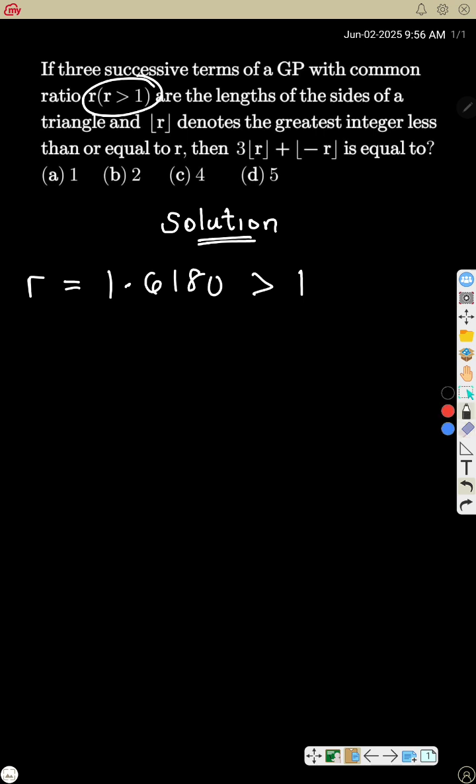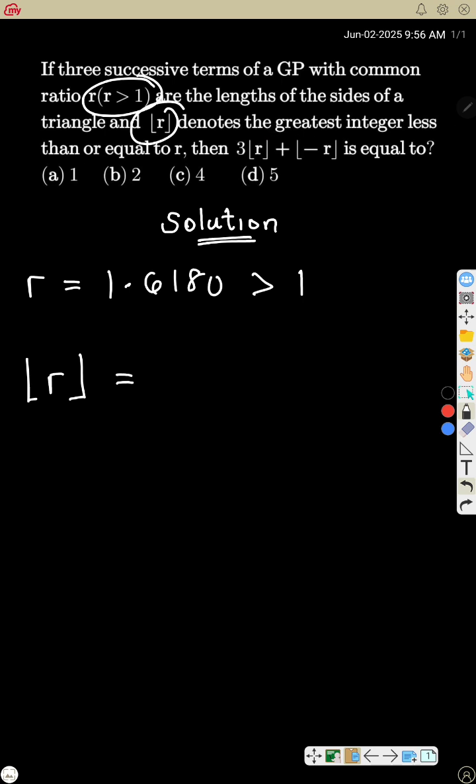But what is now the floor of r? If you look at the question, it says where r is greater than 1 are the lengths of the sides of a triangle, and floor r denotes the greatest integer less than or equal to r.